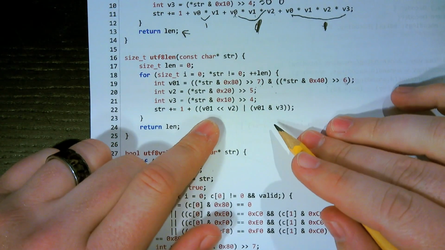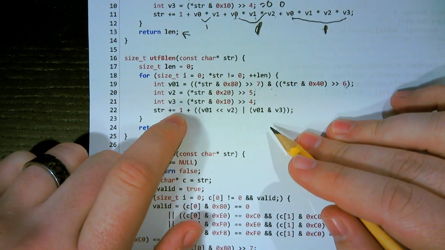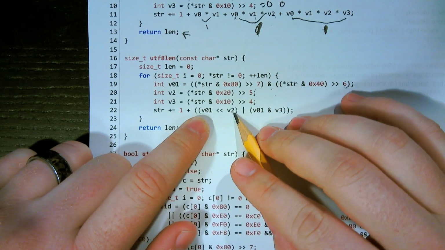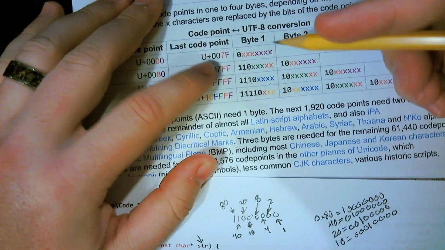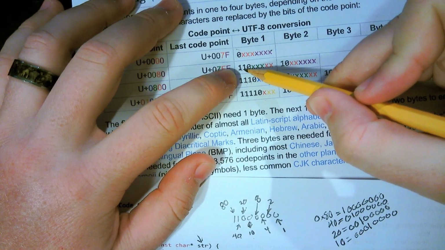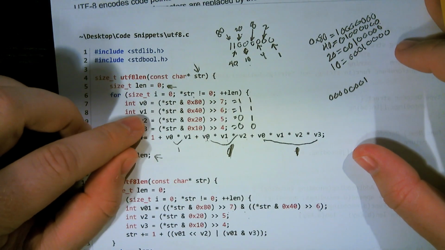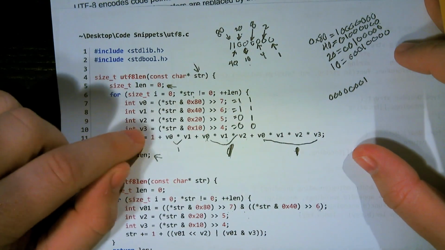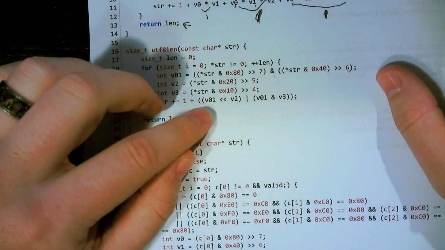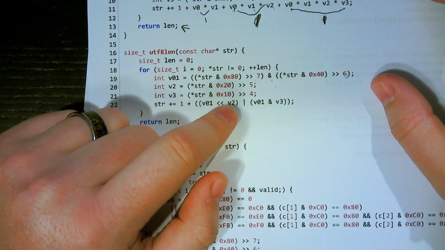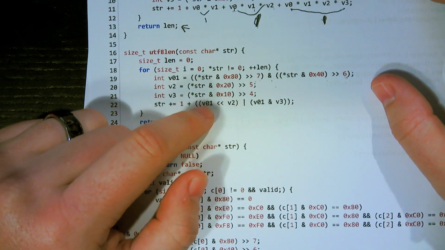But now we've simplified it even further down here. We say 1 plus, and then we take v1 and we shift it by v2. So let's take this first case here where we have 1, 1, 0, right? And that first case was this column, 1, 1, 0. So v0 and v1 are 1, v2 and v3 are 0. So if we took v1 and we shifted it by v2, which is currently 0, it's just going to be v1 by itself.